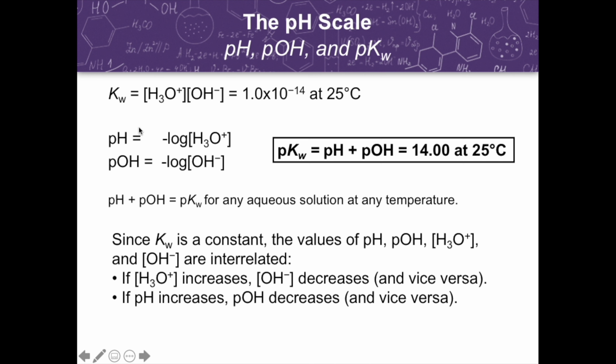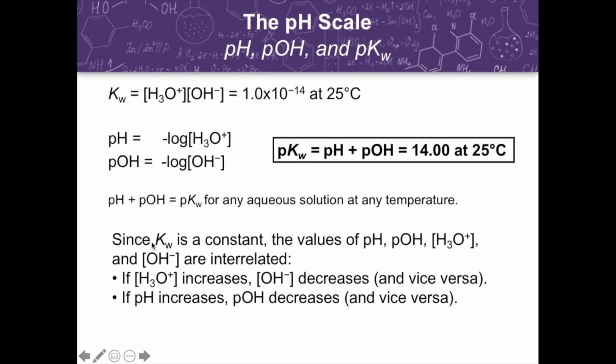So pH is equal to the negative log of the hydronium ion concentration, and pOH is equal to the negative log of the hydroxide ion concentration. pKw is equal to the sum of pH and pOH, which should be equal to 14 at 25 degrees Celsius.